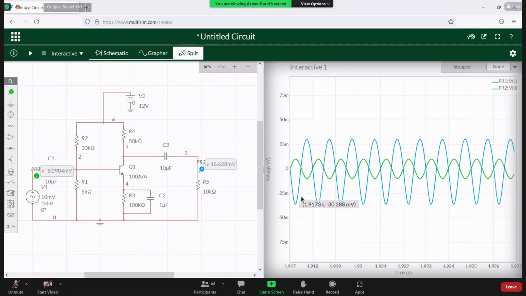At the output, we are getting this blue signal, where the value is almost 36. The amplitude got amplified, but there is a 180-degree phase difference. Here the signal is on the positive side, but the output is on the negative side; when the input is negative, the output is positive.